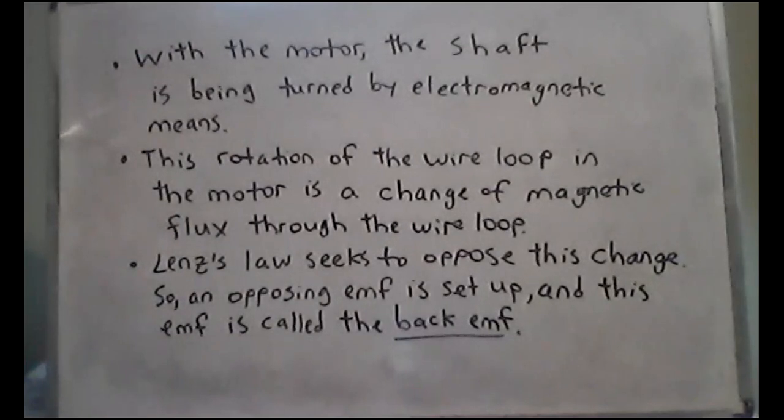I'm going to oppose it. I'm going to set up an EMF to oppose the EMF that you were generating. All right, and so essentially, every time you have a motor, you also effectively have a generator too. You have this EMF that's generated. All right, and so it's called the back EMF.